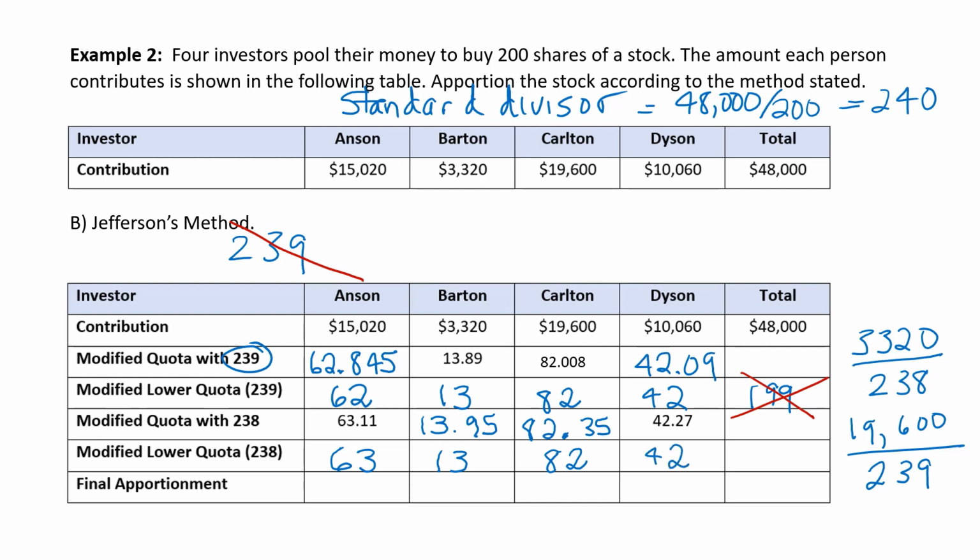Add those four numbers together. It should be 200. Since we got to 200, we have a final apportionment. According to Jefferson's method, Anson should get 63 shares, Barton 13, Carlton 82, and Dyson 42.